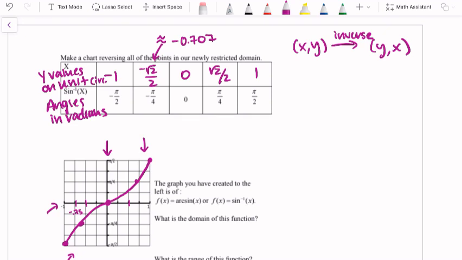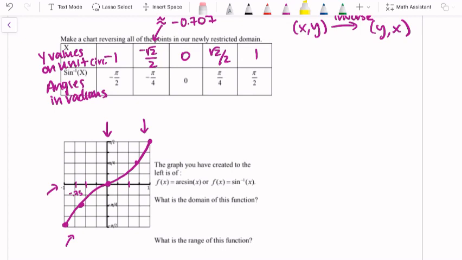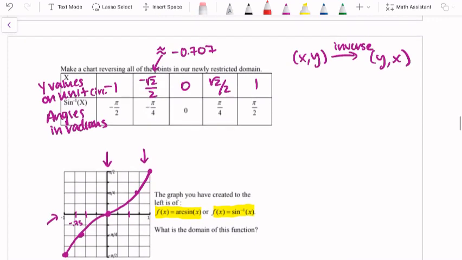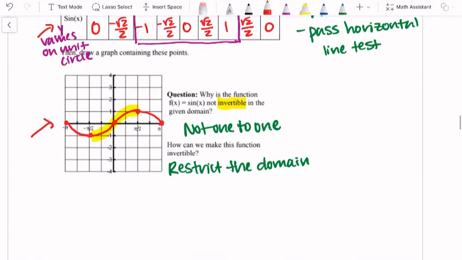Okay, so let's think about what the domain and the range is of our function. We're going to call this function sine inverse, or we're also going to refer to it as arc sine. These two representations mean the same thing. So our domain here is really going to be what the range of our sine function was. As a reminder, the domain of sine was negative infinity to infinity, and the range was negative 1 to 1.